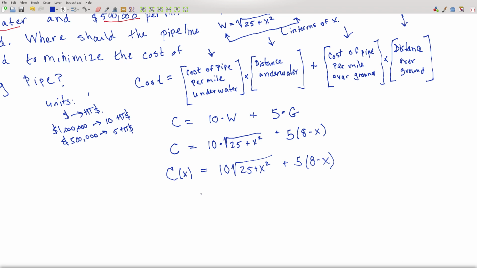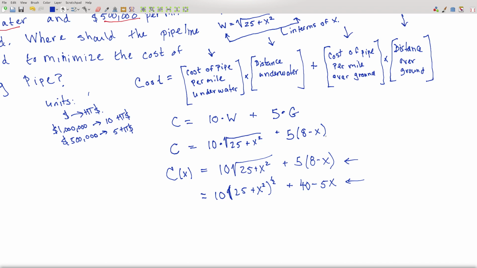So before I start taking derivatives, I think I'll simplify this a little bit. I'll write this as 10 times the quantity 25 plus x squared to the 1/2. And over here I'll distribute the 5 to get 40 minus 5x. So this version is probably nicer for just giving someone the function, but this version is probably a little better for when we start taking derivatives.